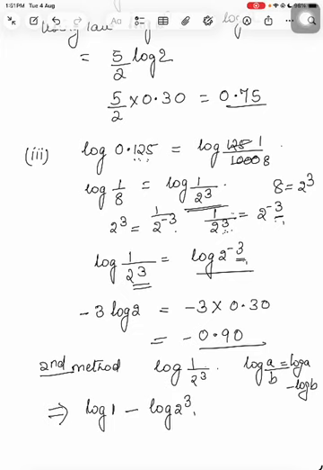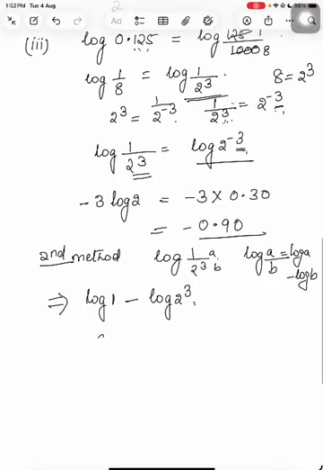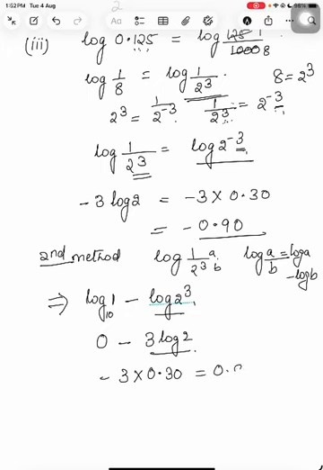Fine, because it's log a by b. So log 1 is always 0. Log 1 is 0. Fine. So 0 minus 3 log 2, 3 comes in front of the log. So minus 3 into log 2, that is 0.30, is minus 0.90.